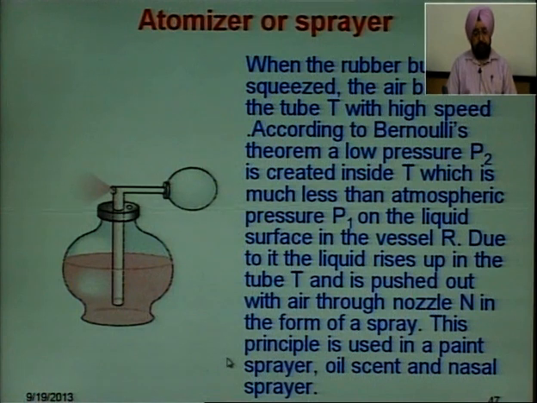And this pressure is much lesser than the atmospheric pressure on the liquid surface in the vessel. Due to this, the liquid rises up in the tube and is pushed out with the air through the nozzle in the form of a spray. The same principle is used in a paint sprayer, oil scent and nasal sprayer.